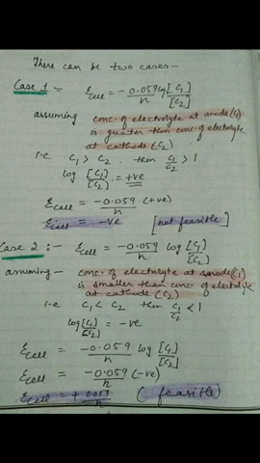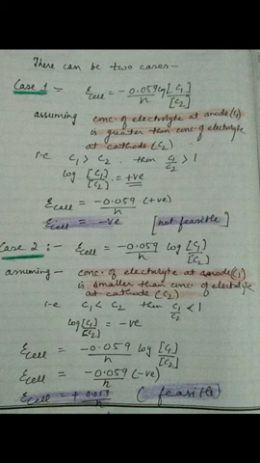Now we will see case 2. Here we assume that the concentration of electrolyte at the anode, C1, is smaller than the concentration of electrolyte at the cathode, C2. That means C1 is less than C2, then C1 upon C2 will be less than 1. In that case, log C1 upon C2 will have a negative value.